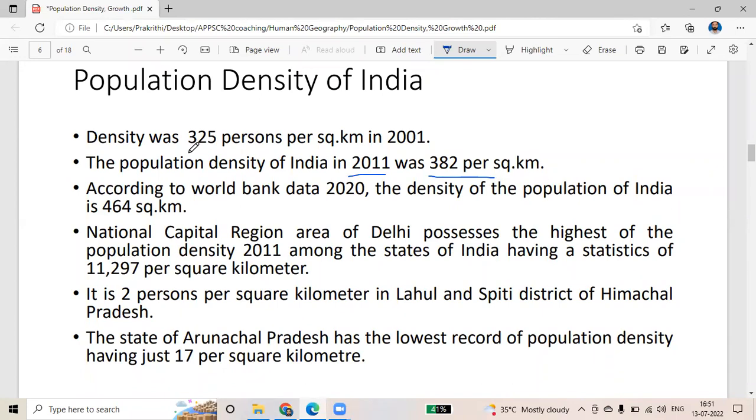It was only 325 during 2001. That much of difference, almost 57 percent increase has happened.